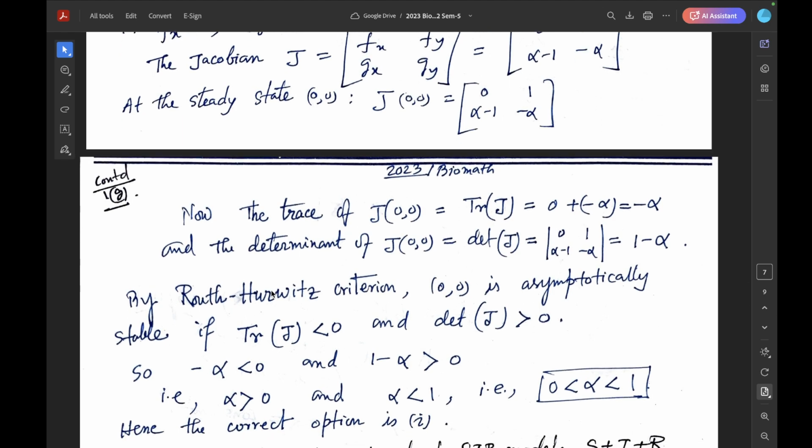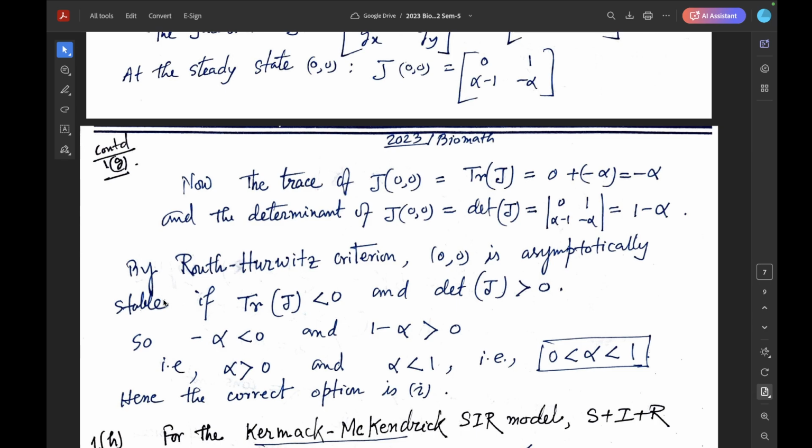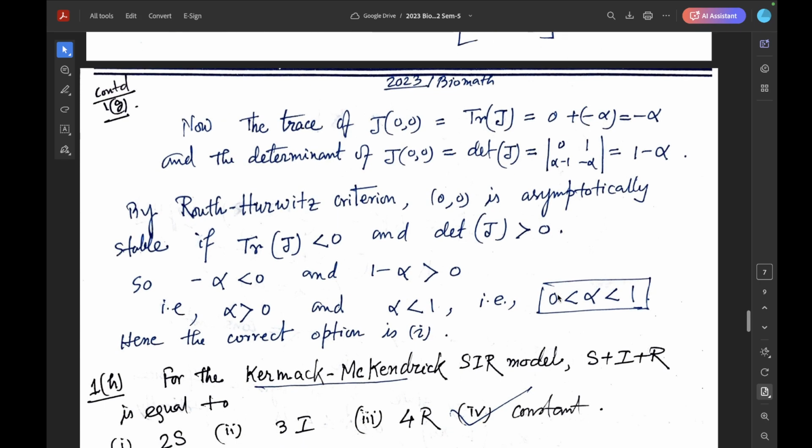By Routh-Hurwitz criteria, (0, 0) is asymptotically stable if trace J is less than 0 and determinant J is greater than 0. So minus alpha less than 0 and 1 minus alpha greater than 0. So alpha is greater than 0 and alpha is less than 1, that is, 0 less than alpha less than 1. Hence the correct option is 1.